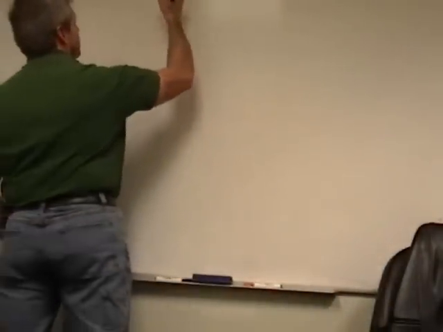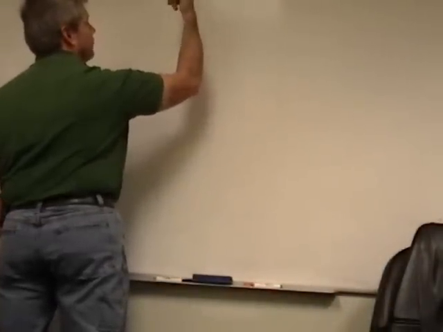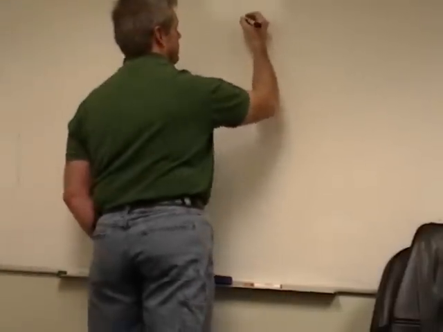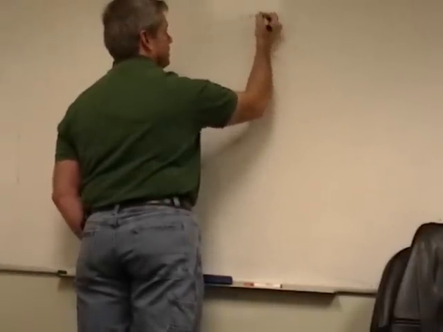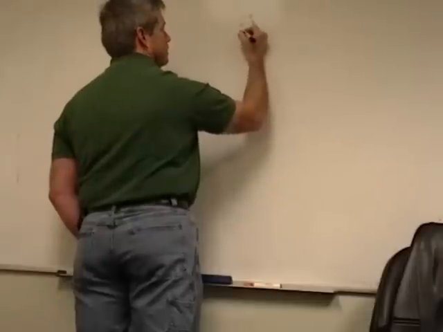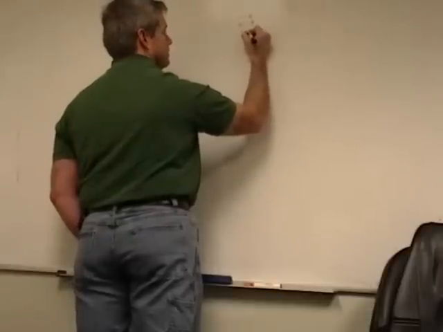So let's do a real simple 8.1 type thing. So I'm going to have n equal 8, q equal 4, and 1 sign bit.